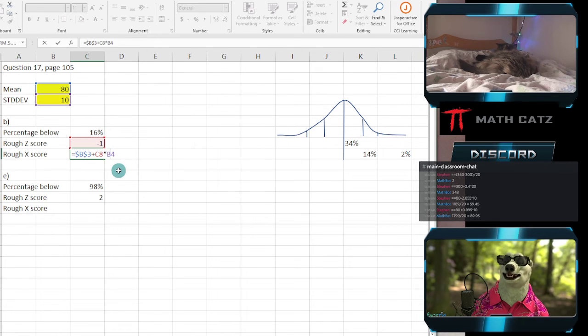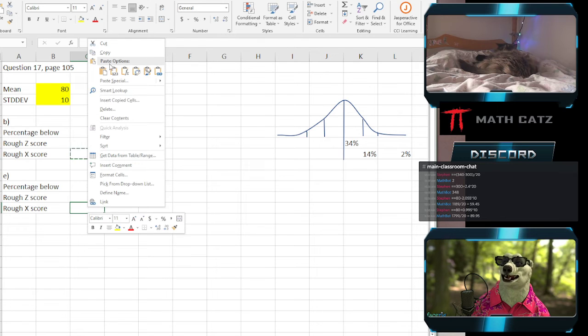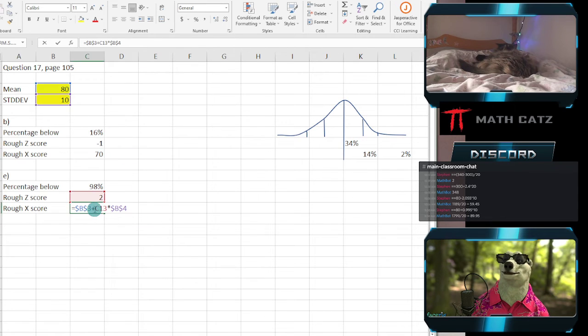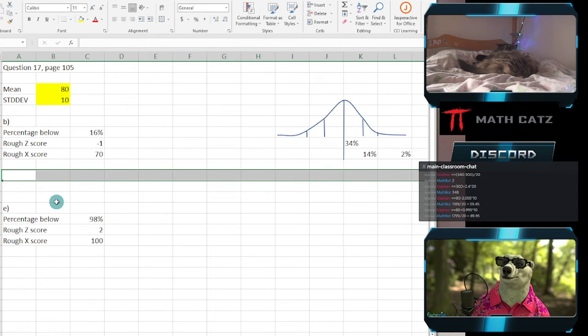Standard deviation is always the same, fix that cell, and then I can just copy and paste. And then you see it has updated the z-score because it was in the same relative position, but the original mean and standard deviation are still used. All right. And it makes total sense because from 80, two standard deviation steps will be 20, putting me at 100.